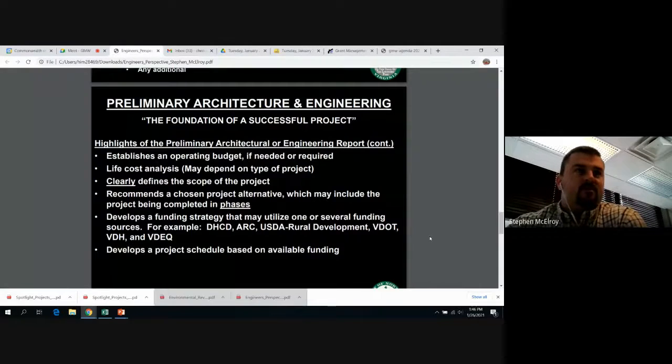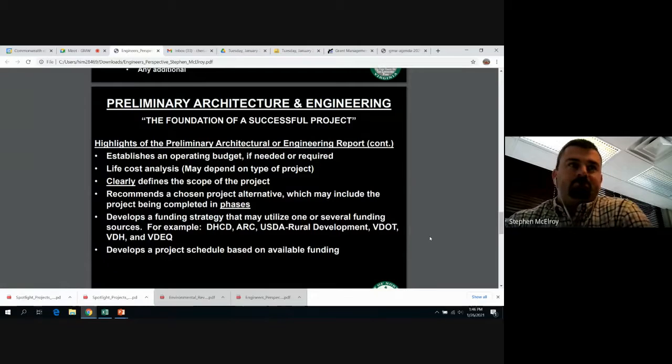Does it pay for itself? And so forth. Life cycle cost. Is the project worth it? Is the payback there? If it's going to cost you more on the front end or on the back end, is it worth doing? So a good life cycle cost is needed typically.